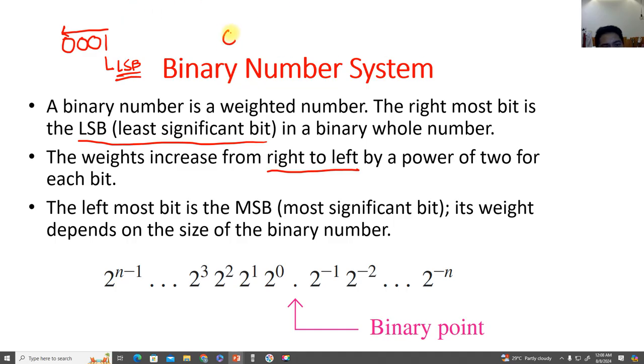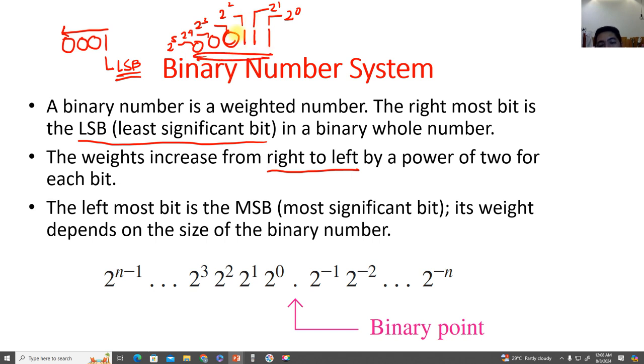Just like what I've said, from the right we have 2 raised to 0, to the left 2 raised to 1, it increases. And in case we still have a bit here, this one becomes 2 raised to 4. If we still have another here, this one becomes 2 raised to 5.